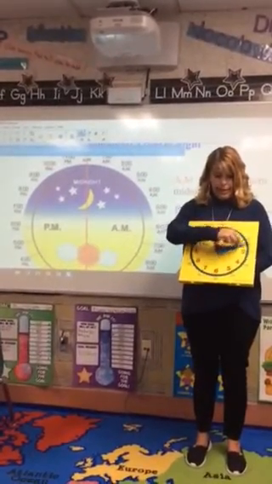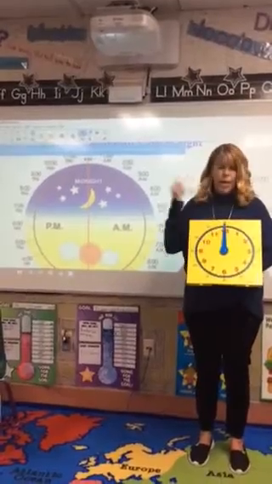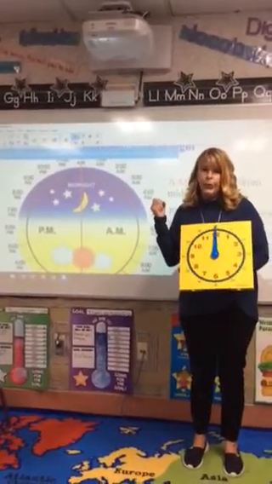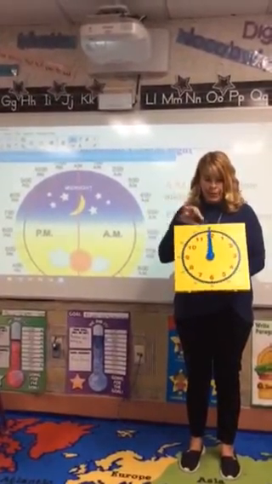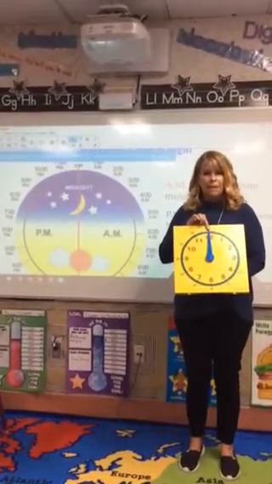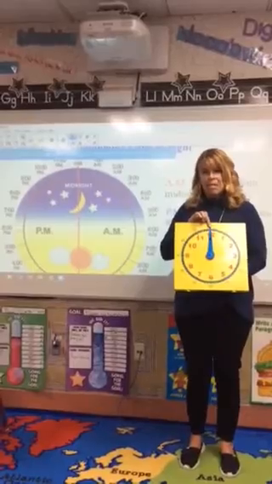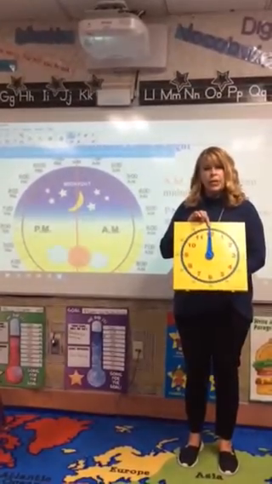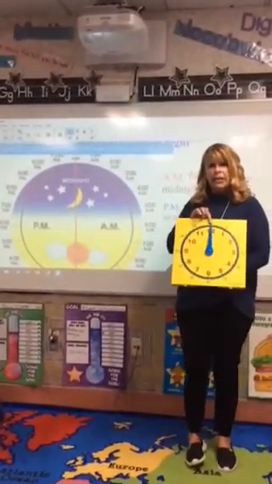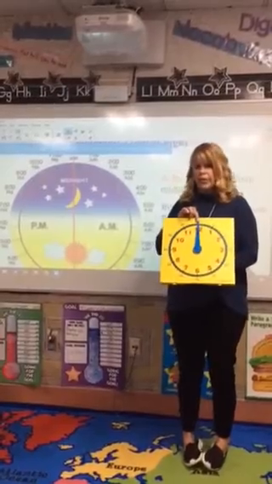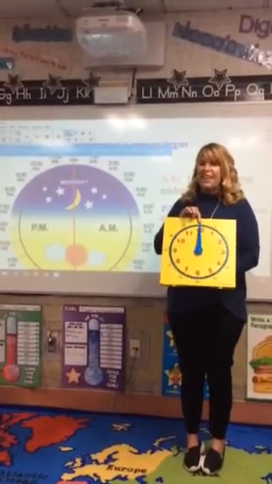But when it became 12 o'clock, it's now noon. At noon, we switched from a.m. to p.m. And during p.m., let's see, 12 o'clock noon, you guys would be eating lunch right now and getting ready to go to recess after you ate your lunch. It's still light outside.